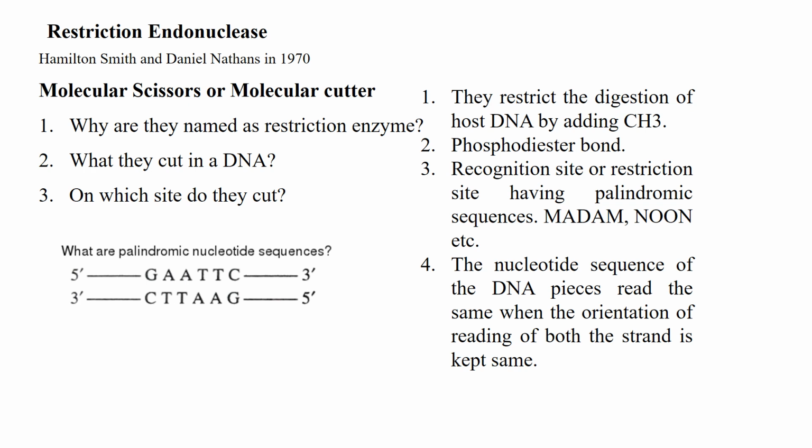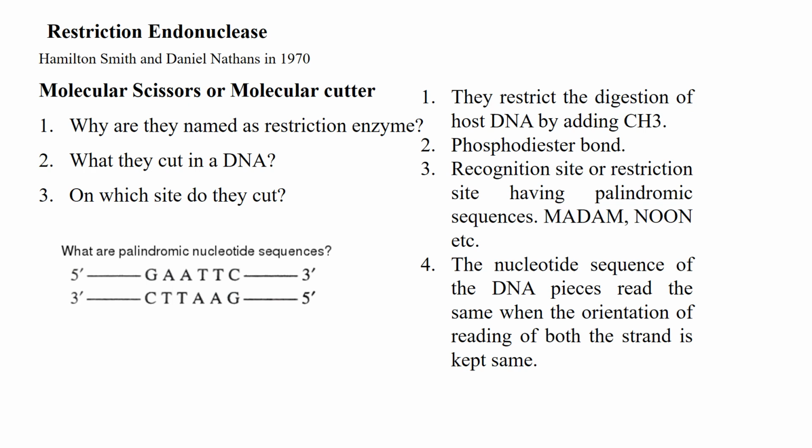What they cut in your DNA, you all know. I have already said they cut the phosphodiester bond. On which site? This is the important question. On which site do they cut?